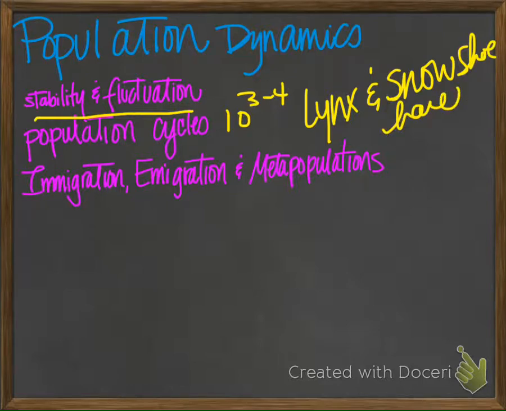If the hare numbers rise, you expect the lynx numbers to rise. So they are tied together. But the question is, why do the hare numbers cycle every 10 years? There have been 3 hypotheses: food shortage during winter, predator-prey, and then sunspot activity.